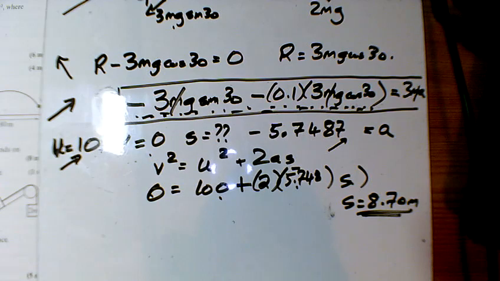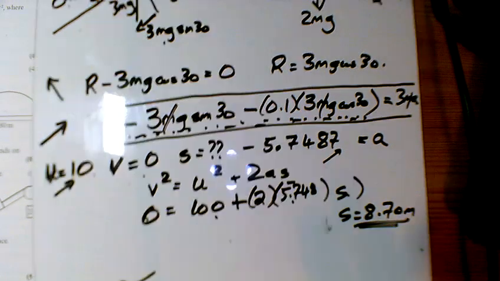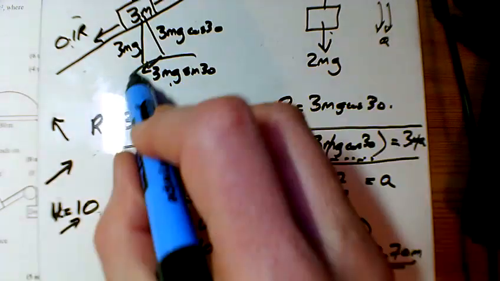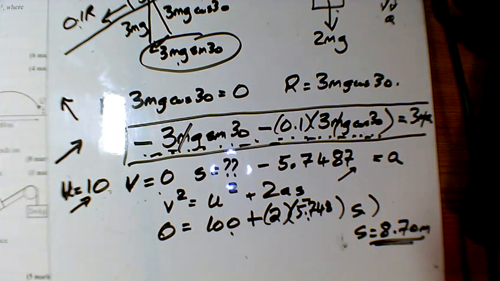The last part says, will it slip? Once it gets there, will it slip? So at that point there, when it's on the slope, what's pulling it down the slope is 3mg sin 30. Well, we know sin 30 is a half, so a half mg.